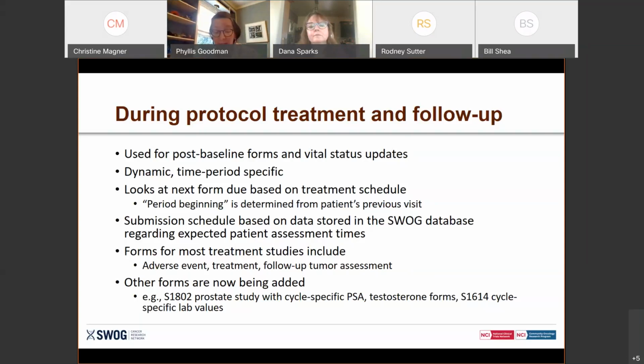For treatment trials, typical forms that use these dynamic expectations include the adverse event, treatment, and follow-up tumor assessment forms. But we've recently included other studies and new cycle-specific forms that use these dynamic expectations. Some of these include S1802, a prostate study. They have cycle-specific PSA and testosterone, and a number of lung studies use cycle-specific lab value forms. Next slide, please.